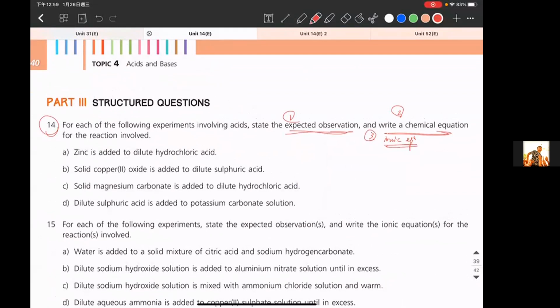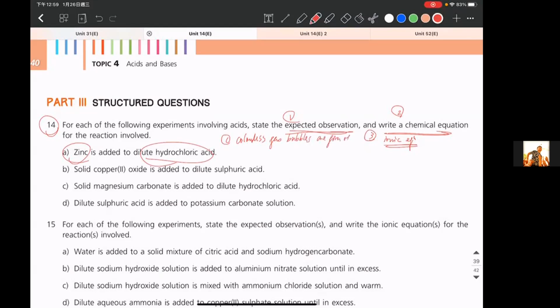Zinc is added to dilute hydrochloric acid. So what is the observation? Gas bubbles are given off. What is the color of the gas bubbles? You still need to tell. Colorless gas bubbles are given off.